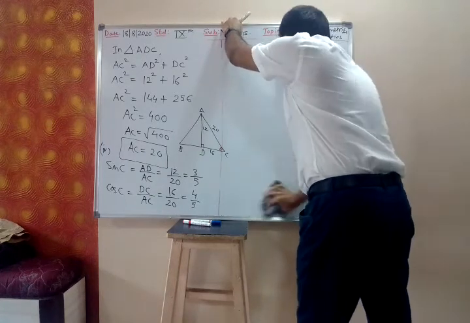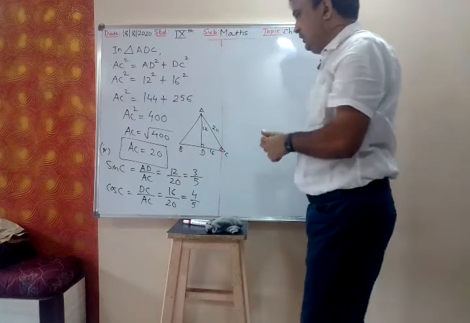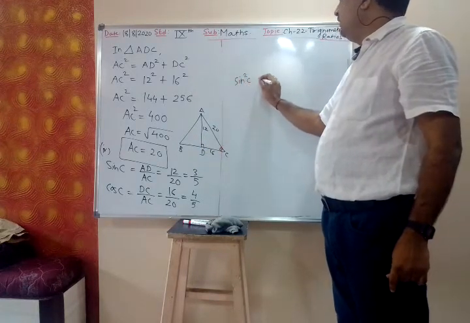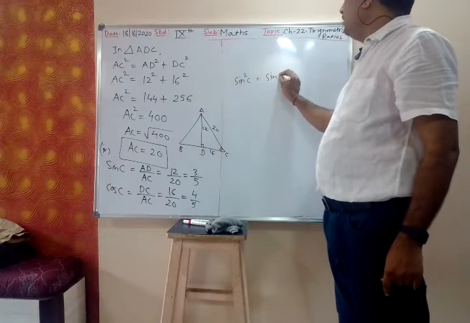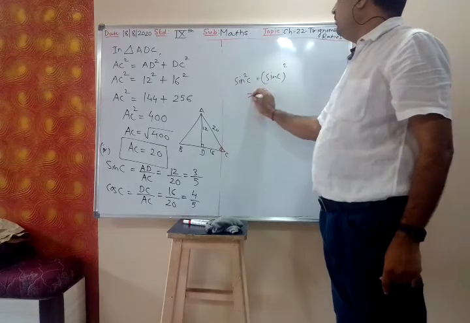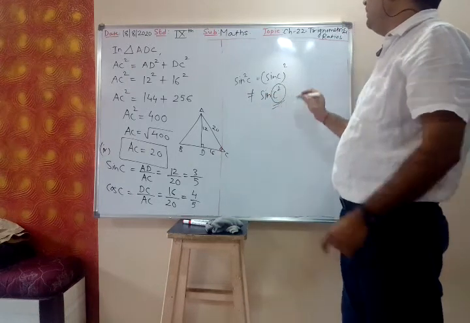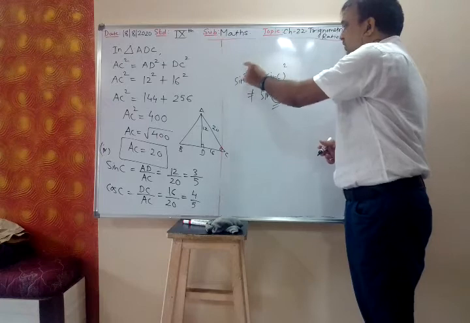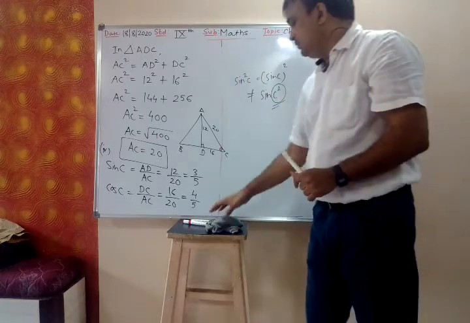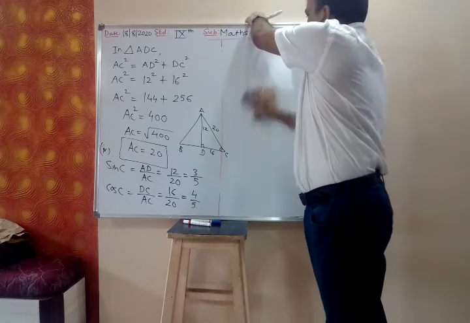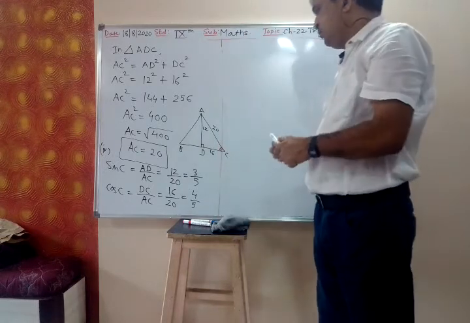It is the square of the whole term. Sine C is one term. Sine square C means sine C whole square, sine C into sine C.